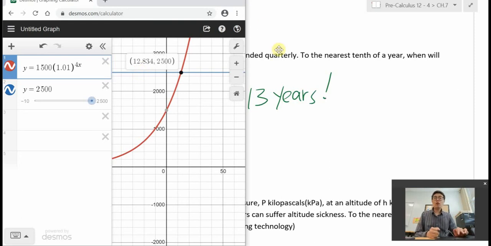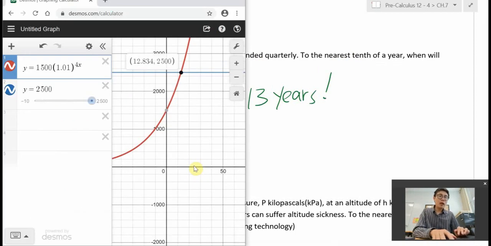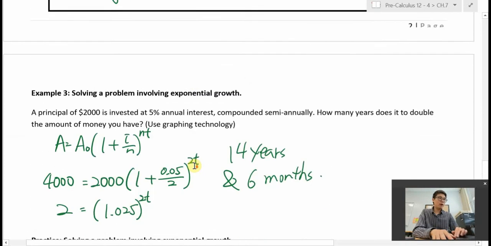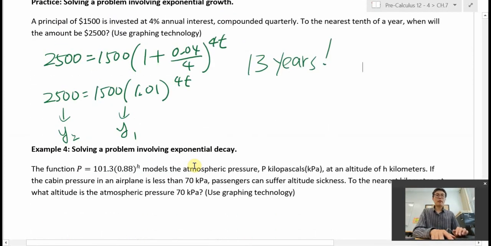So it's already more than 9 months, and again, you do not get any interest until you hit the 13th year mark. So to be honest, in my opinion, I think your answer should say 13 years. But it says to the nearest tenth of a year, so I guess if you answer 12.8, that would be okay as well. But personally, I think your answer should say 13 years. That makes more sense.